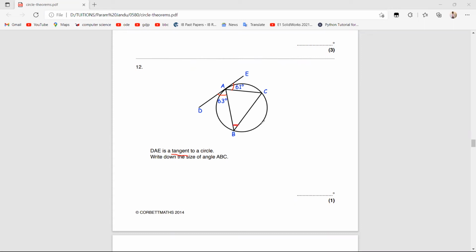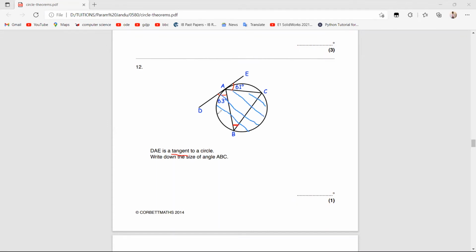So we talk about angle in the alternate segment. So this angle B is being made in which segment of the circle? Look at the chord AC. Chord AC makes angle B in this segment of the circle.